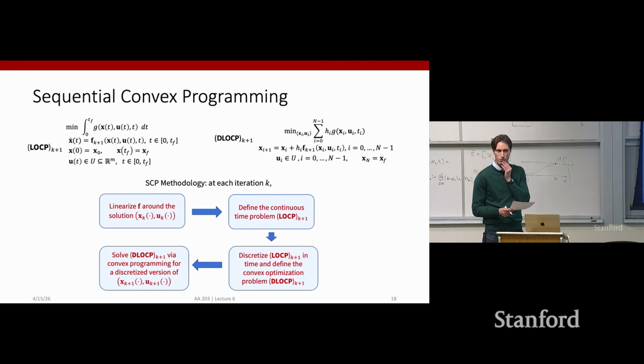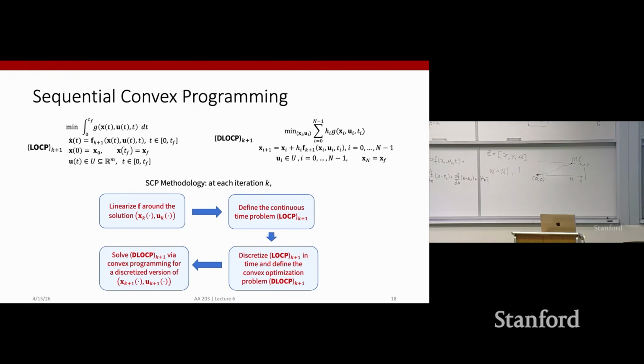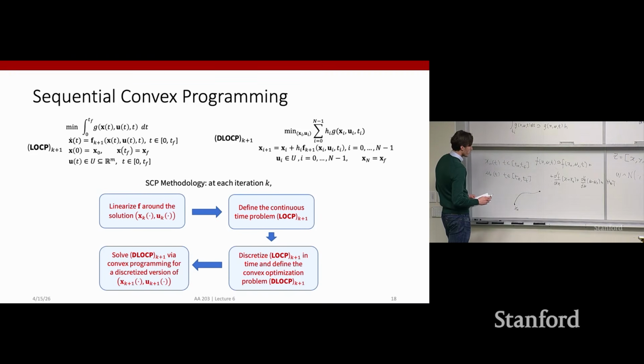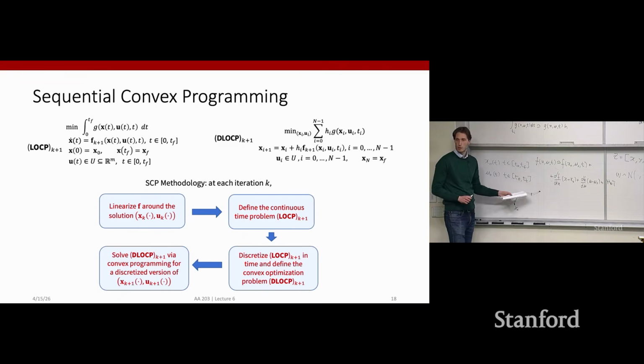Does it make sense, what we're doing? Yeah, so basically what we're exploiting here is the fact that we are given a nominal trajectory. This would be x0. We exploit the fact that we can linearize our nonlinear dynamics around this trajectory, meaning that deviations around this trajectory can be well approximated by some linear dynamics.